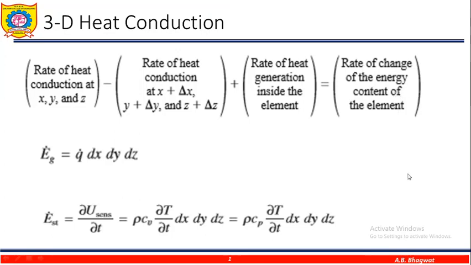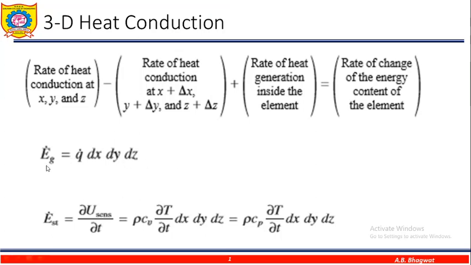This is nothing but the energy balance equation. Whatever heat is being stored in that element is nothing but rate of heat conduction in plus rate of heat generation minus rate of heat conduction out at that particular location.